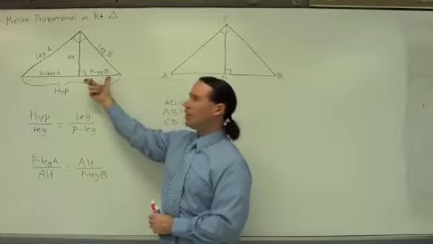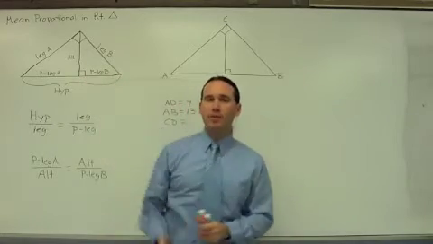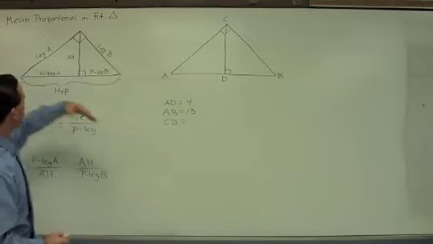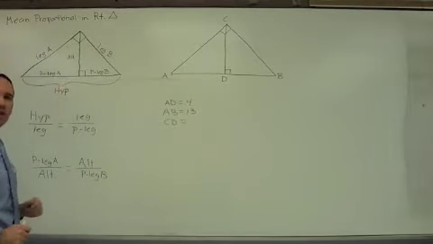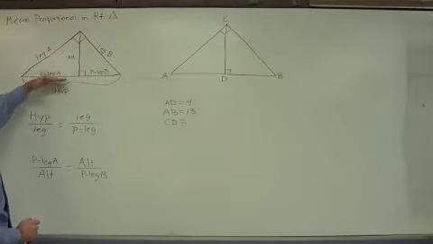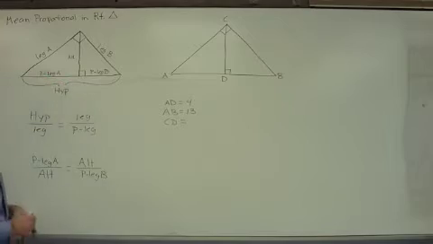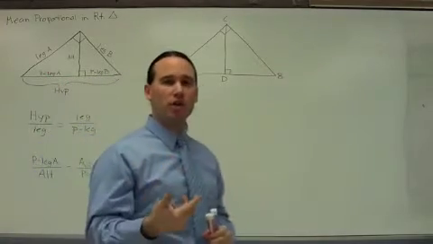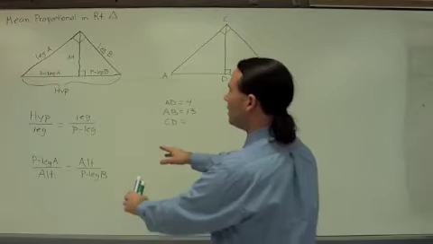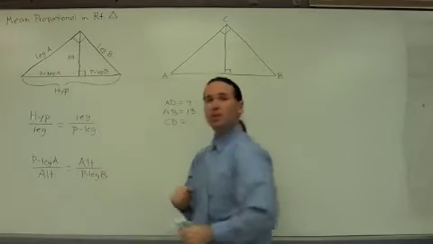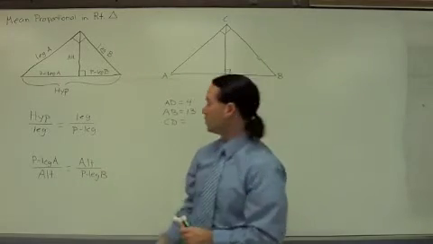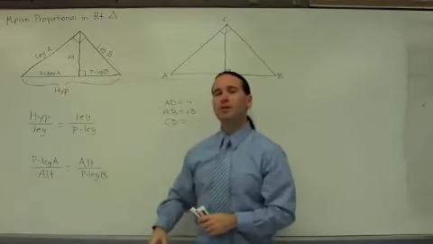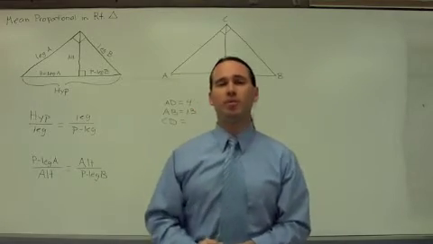Well, it's going to end up right here at P leg B. And if you shine a flashlight straight down over leg A, where's that shadow going to be? Well, leg A is going to be right here on P leg A. So that's why we call them projections. And it turns out that the altitude is the mean proportional between those two projections, P leg A and P leg B. So let's look at how we do a problem with these.